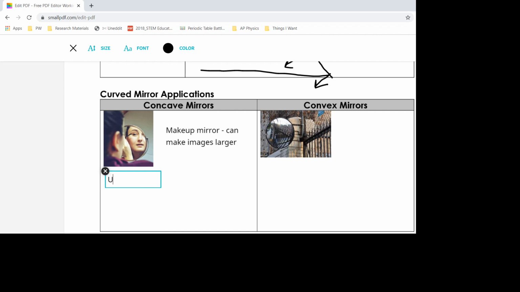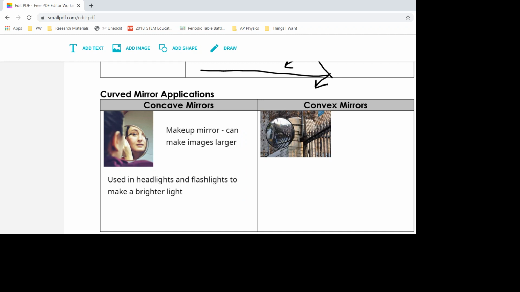These are also used in headlights and flashlights. This is the reason why the headlight is brighter whenever you're looking out in front of your car instead of the light that the bulb itself actually gives off in your headlights. It's because of the mirrors on the inside of the headlight piece itself.